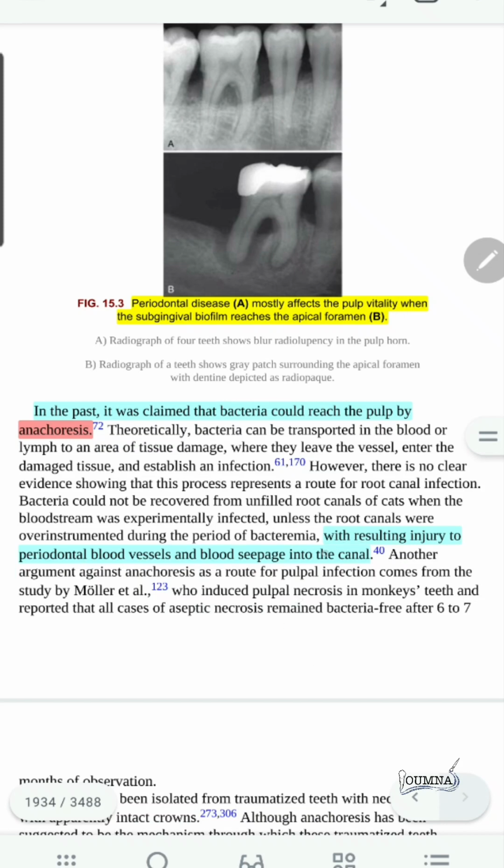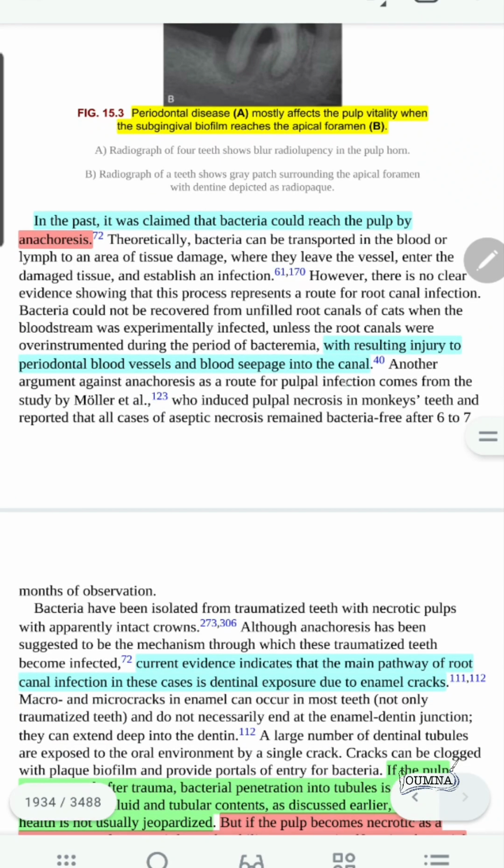But when some studies were made on monkeys and cats that had bacteria in their blood, they saw that there was no effect on the root canals from these bacteria that were present in the blood.